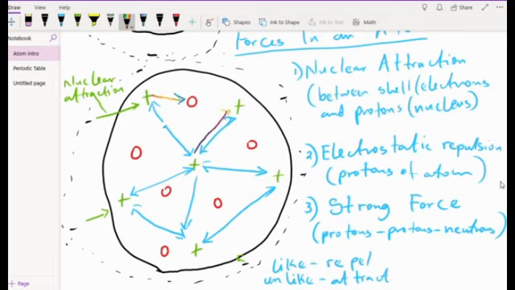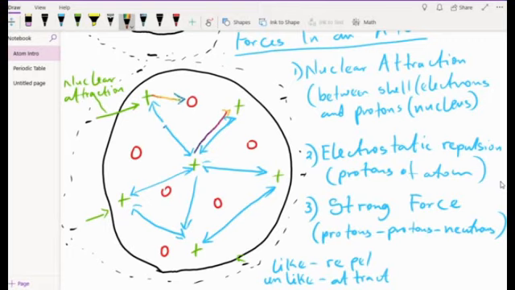So you can see that this looks like a contradiction. We say that the protons repel each other, but at the same time they still attract each other. But the force of repulsion, the force that pushes them apart, is much stronger than the force that attracts them. That is a strong force for protons to protons. Let me say that again.